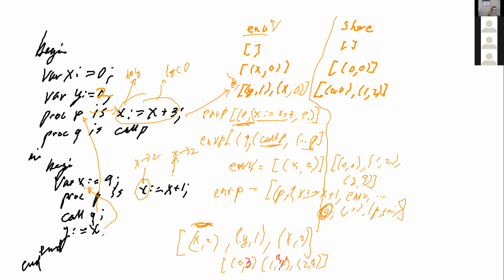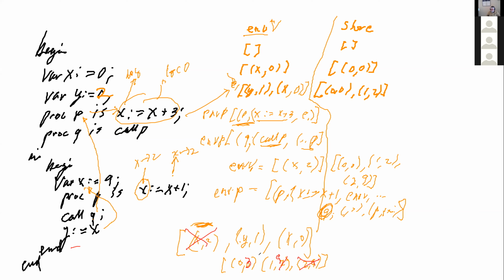And now when we exit this, this goes away, and this goes away. And when we hit this end, we also deallocate those. So in the end, memory is empty.